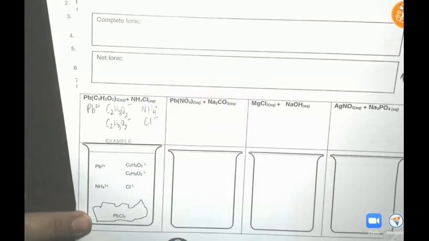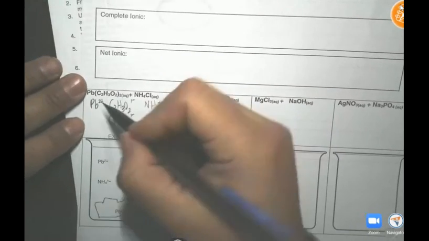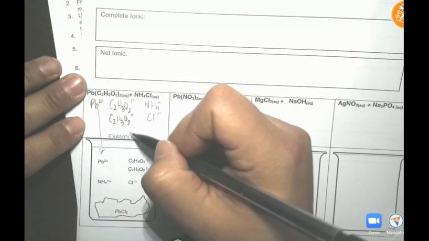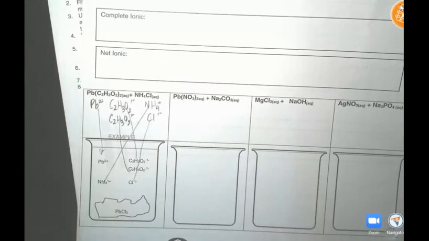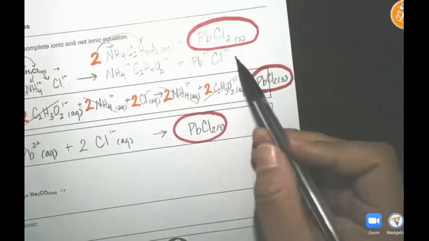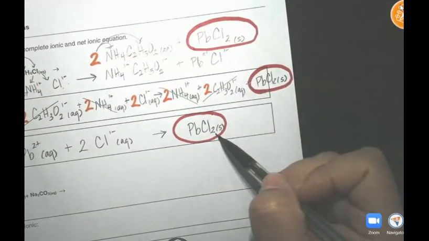There's NH4 plus and Cl 1 minus. So notice, right, how I drew them in here. That's all I did. And then what I said, right, is the ones that made up the solid, PbCl2, that's what I made the solid here.